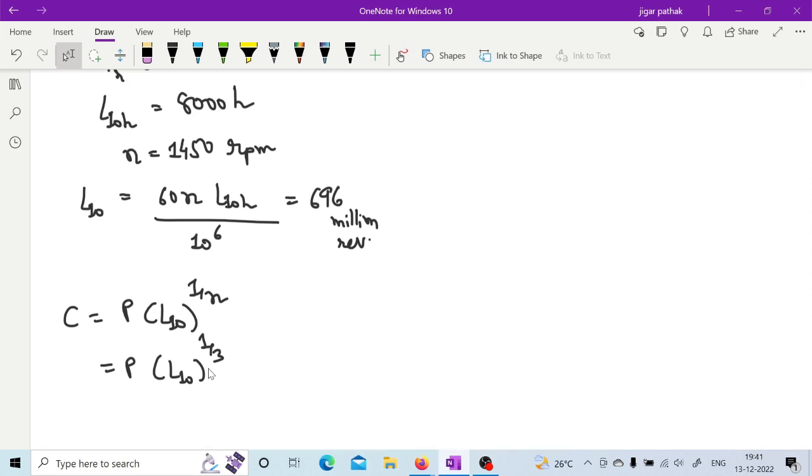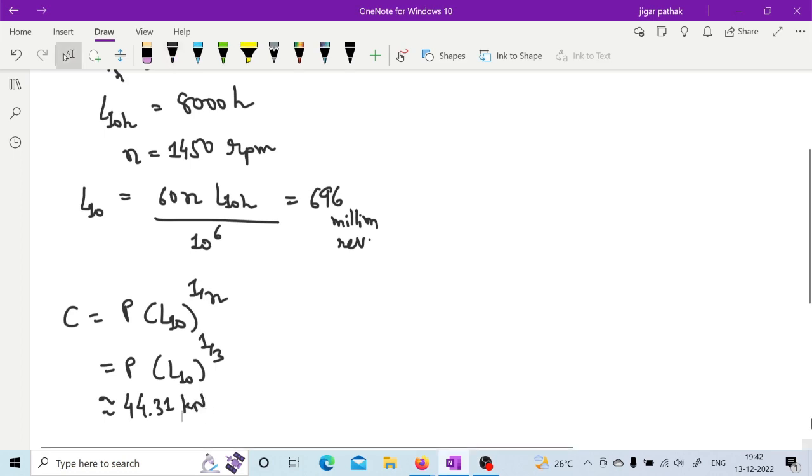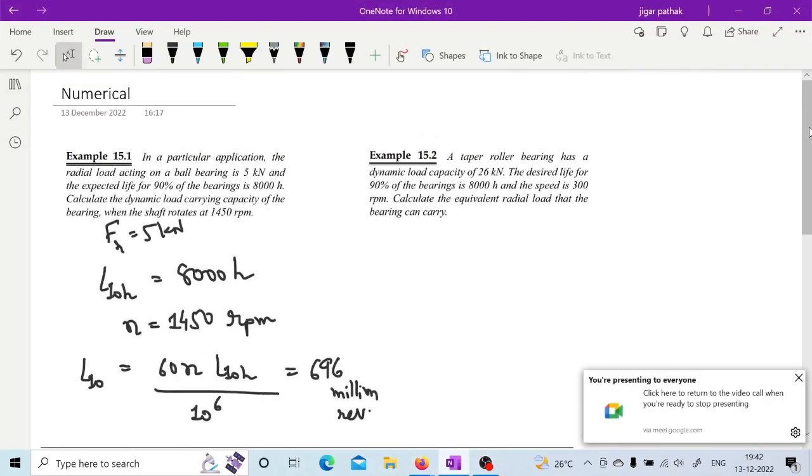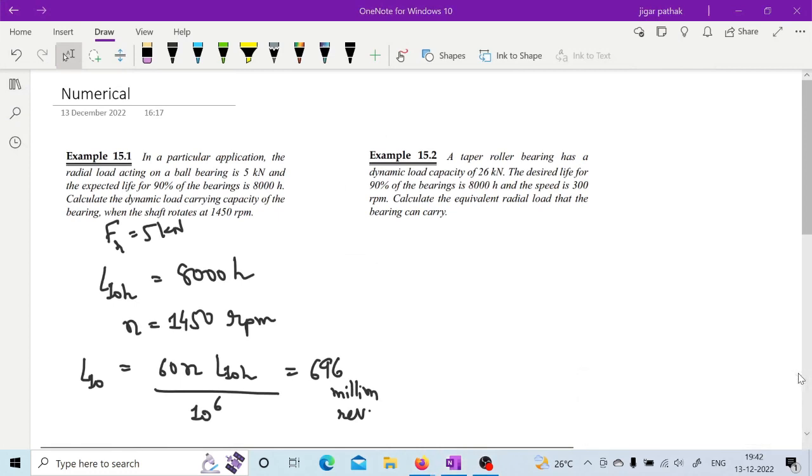So what is C? 44.31 kilonewton. Yes, it is almost 44.31 kilonewton.